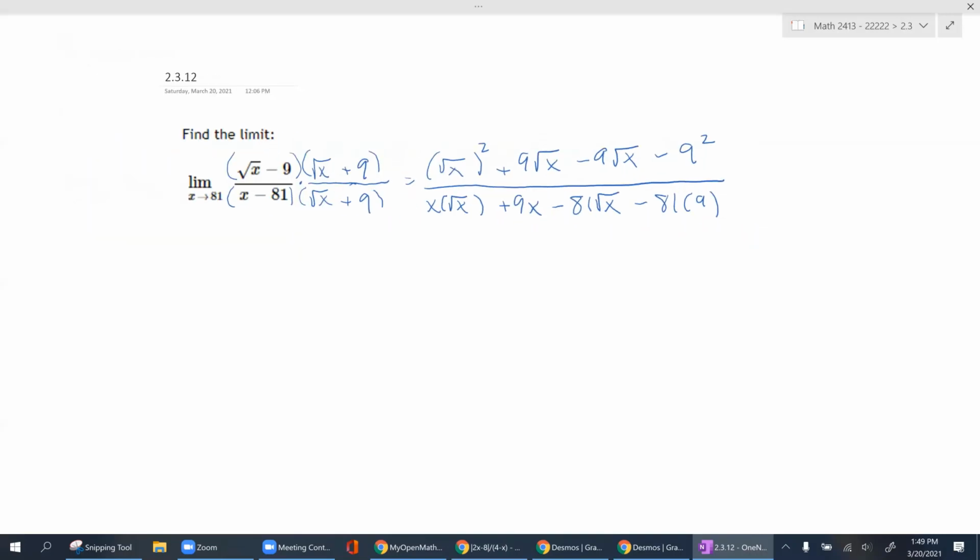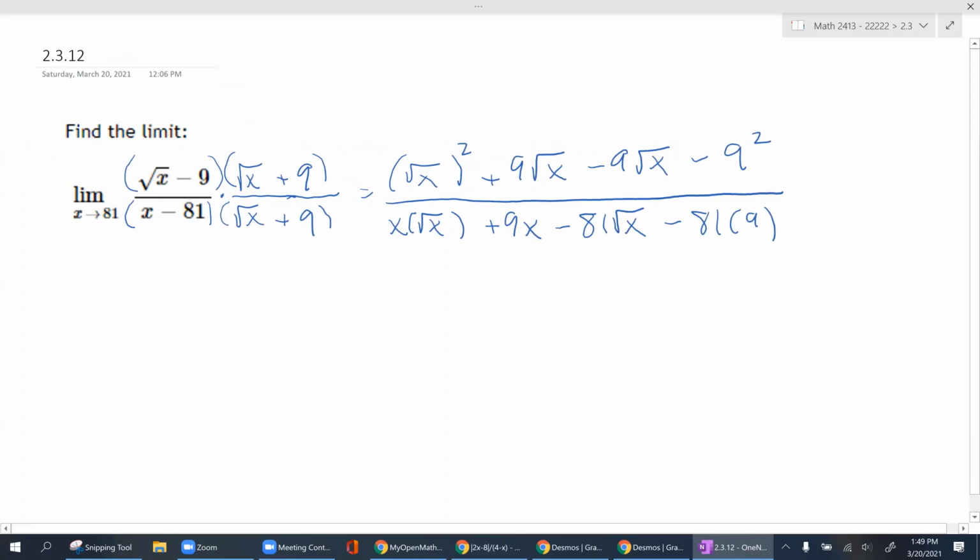Let me go ahead and see what happens at the top. We know a square with a square root cancel each other out, meaning I just have an x. You'll notice from these conjugates, your middle values always cancel each other out.